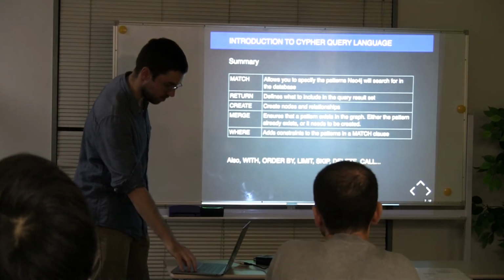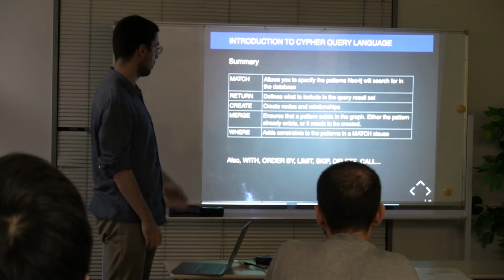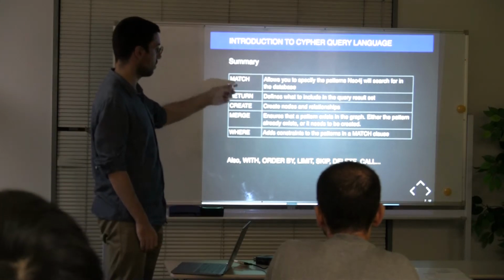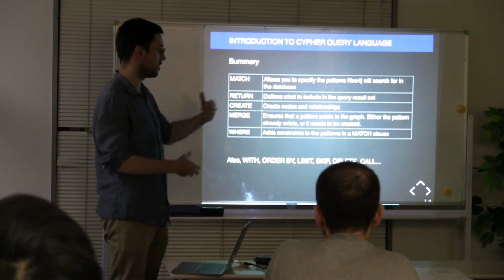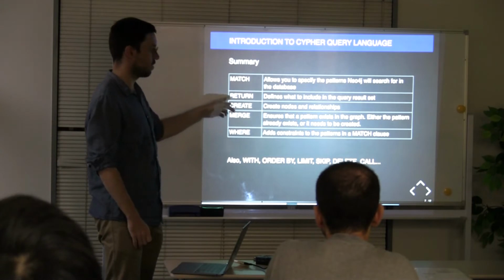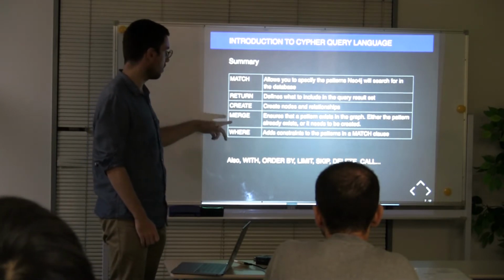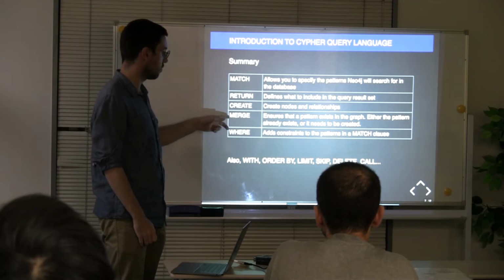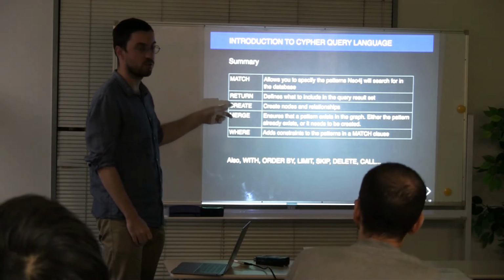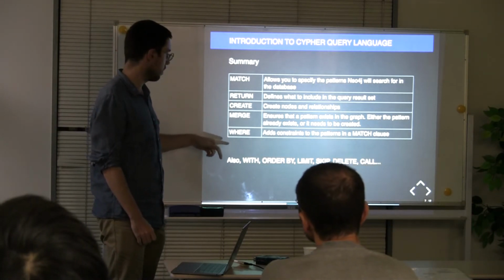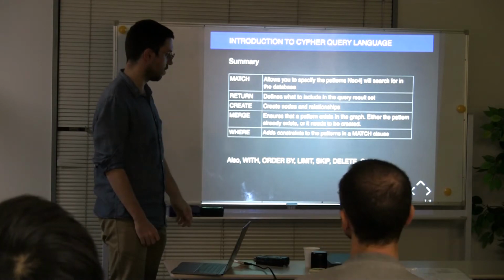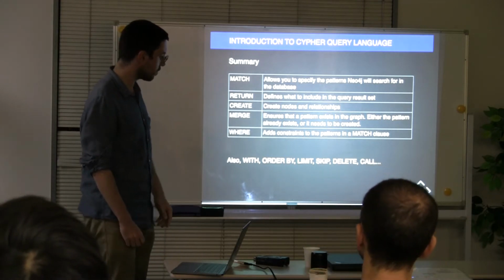So just a summary. You learned about the MATCH keyword to fetch patterns. Then RETURN, which is equivalent to SELECT in SQL. You can CREATE and MERGE, which works for both nodes and relationships. WHERE is to add constraints to the MATCH clause.